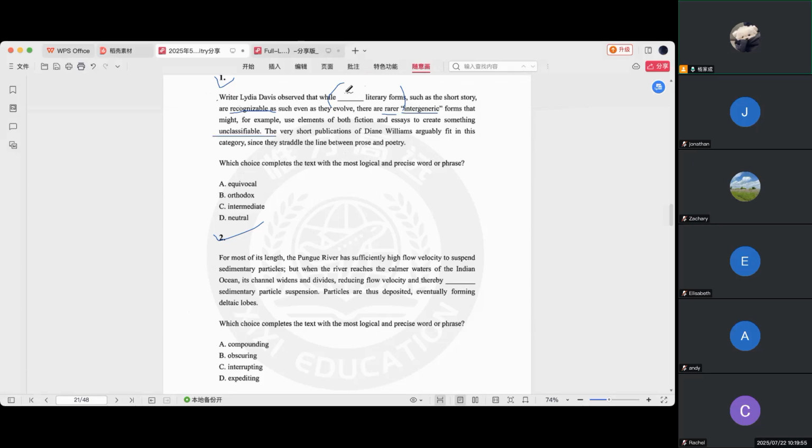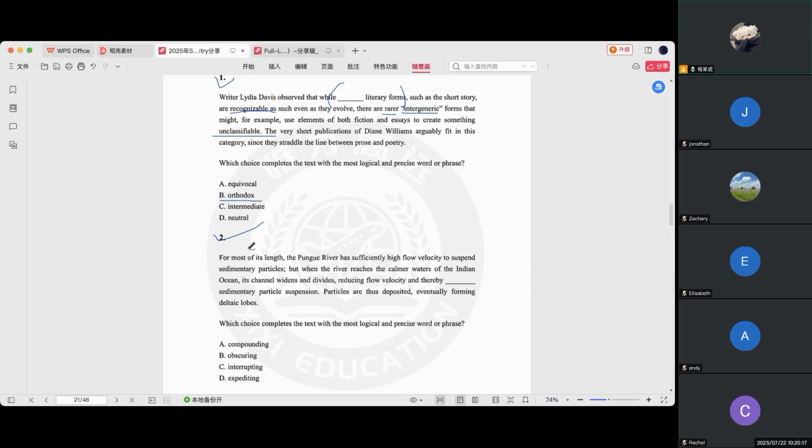So the first type is recognizable, and the second one is unclassifiable. And intergeneric basically means they're combining different genres together. So the first one would be like sticking to only one genre, and it's more recognizable. So it's a more common genre, and that's why it's gonna be orthodox.